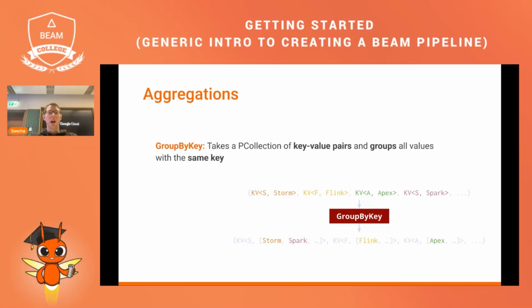If you apply a GroupByKey, you end up with key value pairs where the first one has S as a key that holds Storm and Spark. The next one has Flink as the value and F as the key, and the last one has A as key and Apex as value.